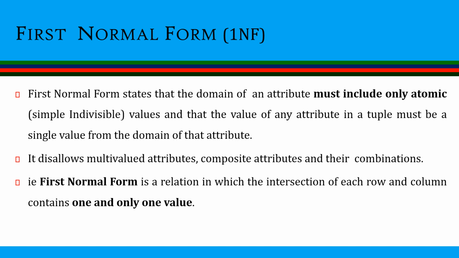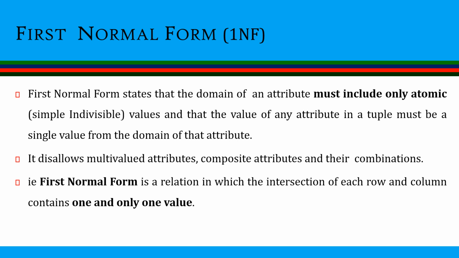That is, it disallows multivalued attributes or composite attributes and their combinations. It should include only simple, atomic, indivisible values. That is, the first normal form is a relation in which each cell should contain one and only one value.